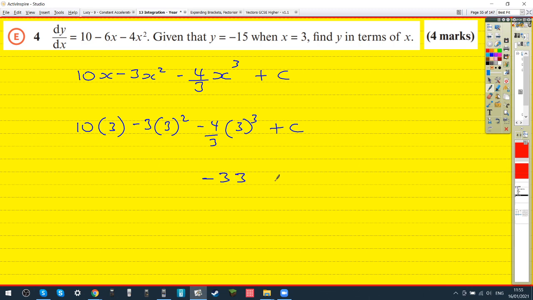Minus 33 plus c equals minus 15. And then you can plus 33 on both sides, so c equals 18. And so find y in terms of x.